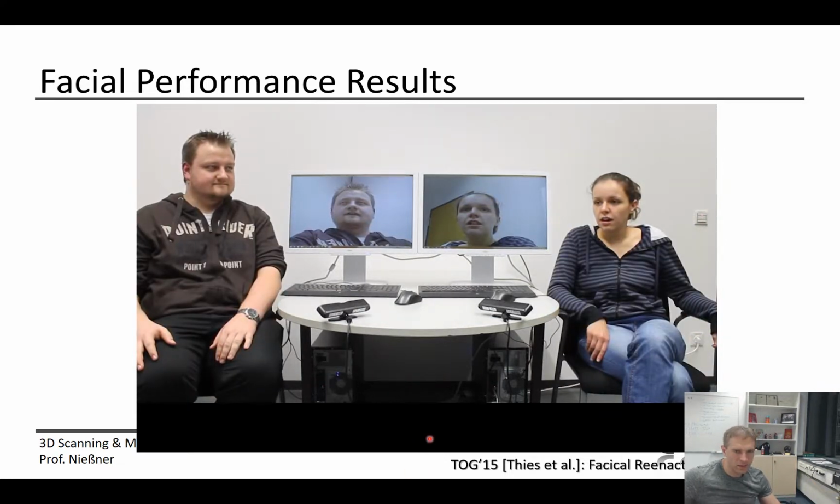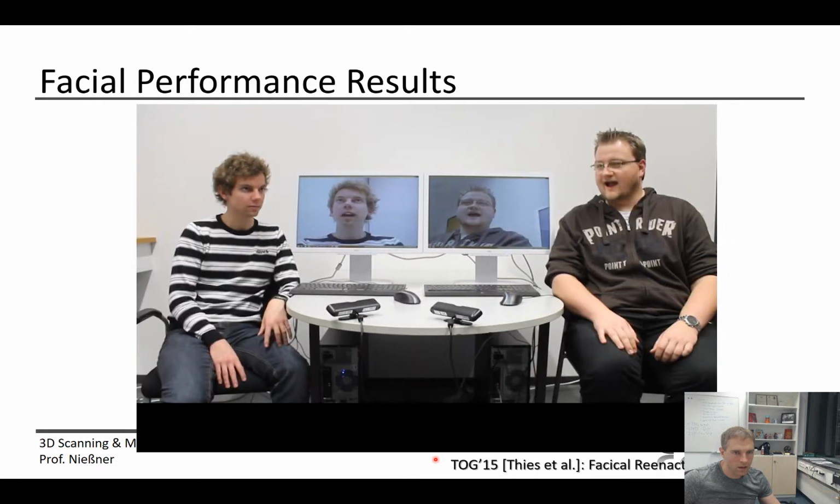Same thing here. She's the driving actor right now, and her expressions are being transferred to him here. Same thing here. Now he's the driving actor, and his expressions are being transferred to him.